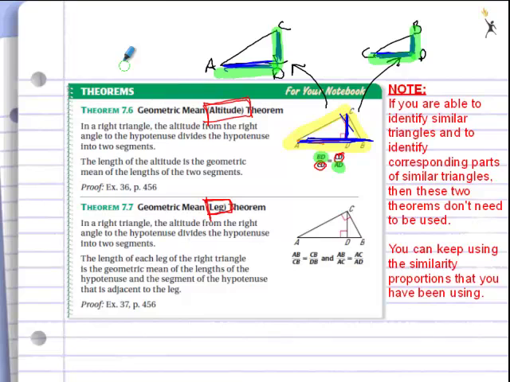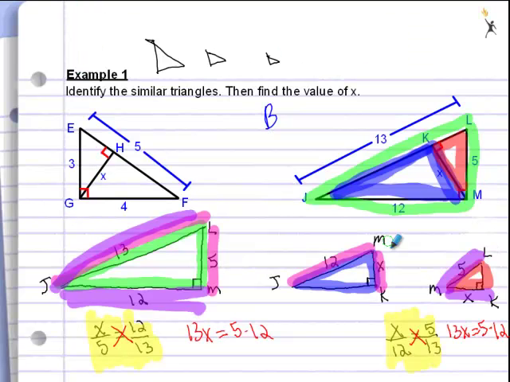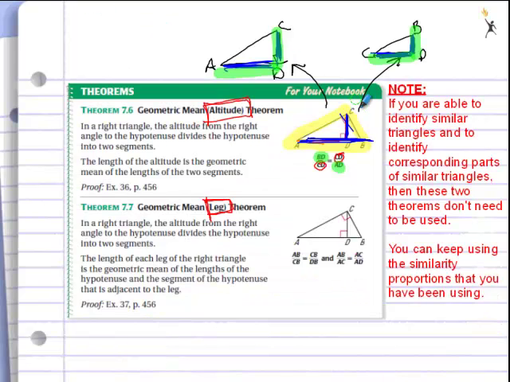To me, visualizing all three redrawn helps the majority of the students. But if you understand this better, that the altitude breaks up the hypotenuse of your largest triangle into two separate parts, you can build a proportion that uses the base and the height of the medium triangle and the base and the height of the smallest triangle.